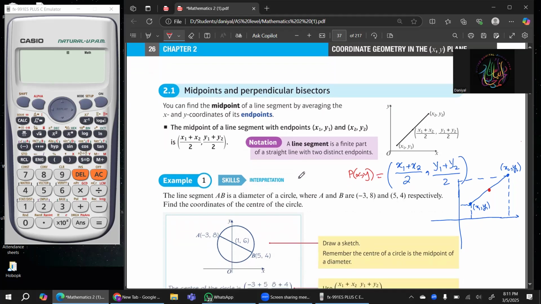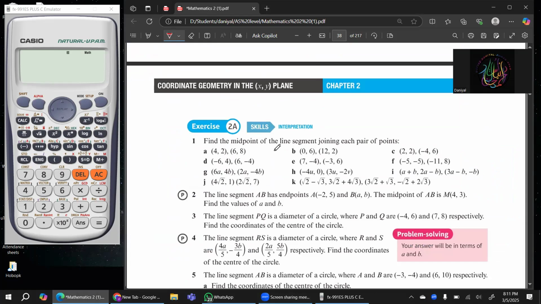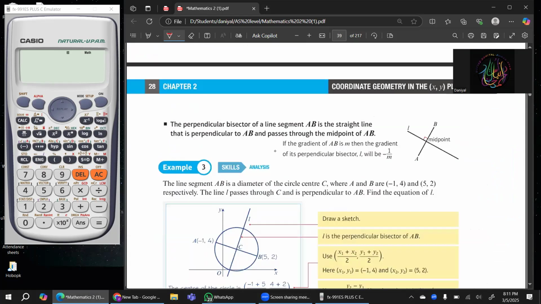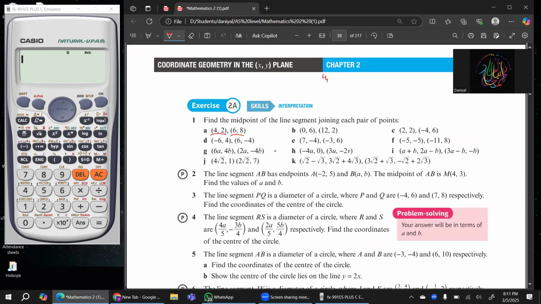All right. So let's take this example. Find the midpoint of the line segment joining each pair of points. So the first question we have is 4 comma 2 and 6 comma 8. So 4 comma 2 will be considered as x1 comma y1, and 6 comma 8 will be considered as x2 comma y2.